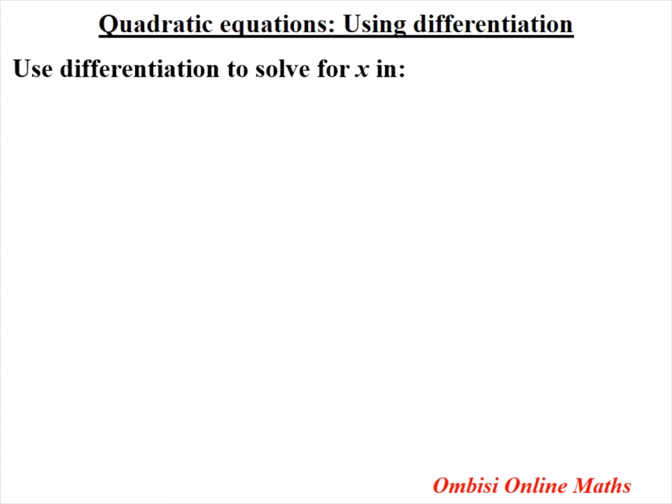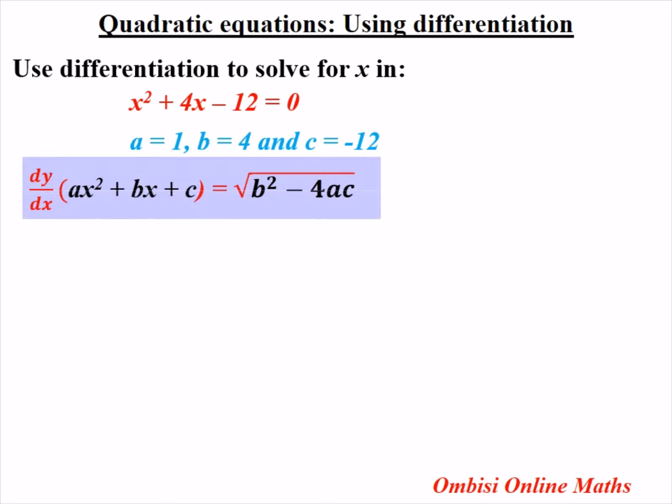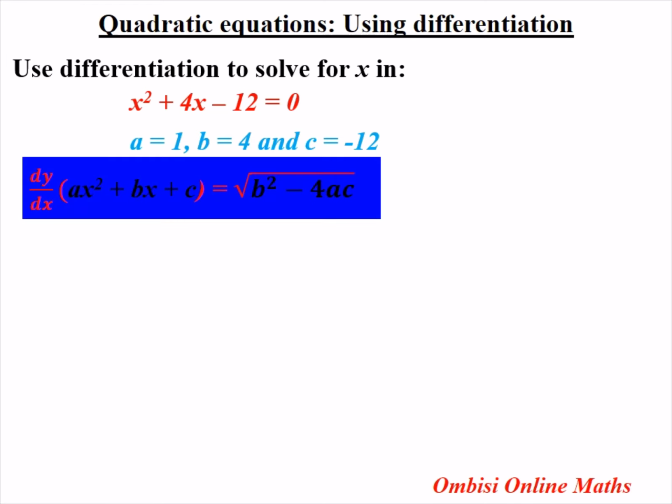So we can use differentiation to solve for x in the equation x squared plus 4x minus 12 equals 0. From this equation we can establish that the value of a is 1, the value of b is 4, and the value of c is negative 12. So putting it in our equation, the derivative of ax squared plus bx plus c equals the root of the discriminant, which is b squared minus 4ac.